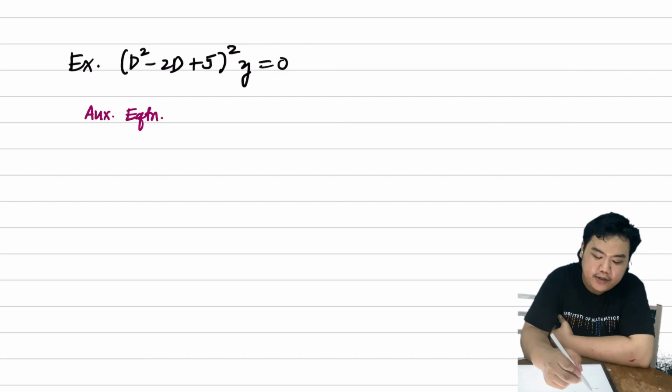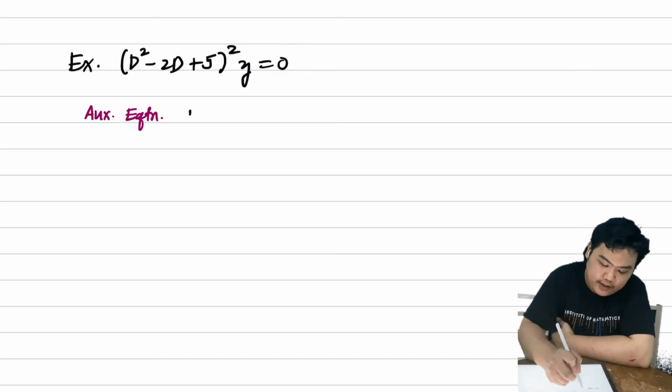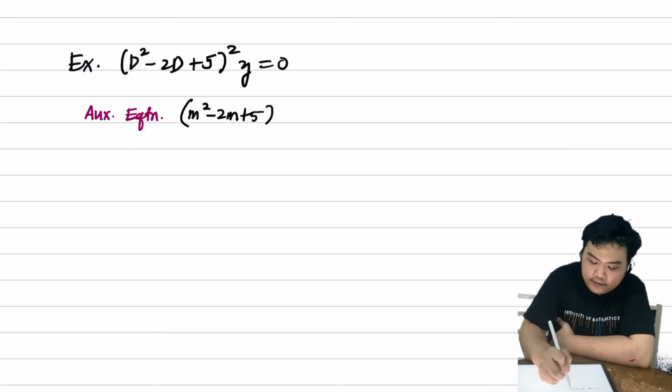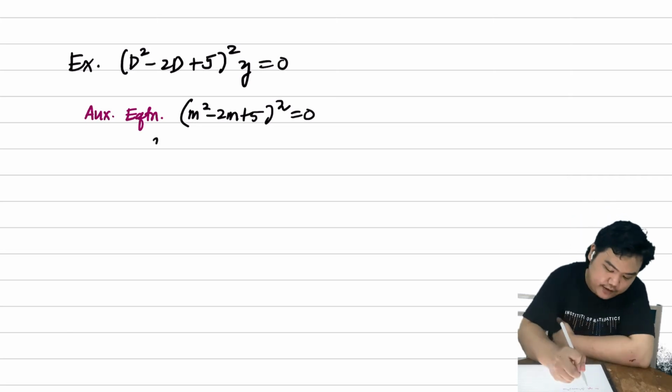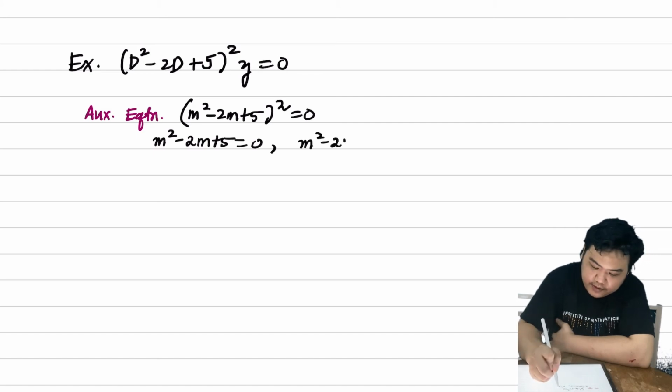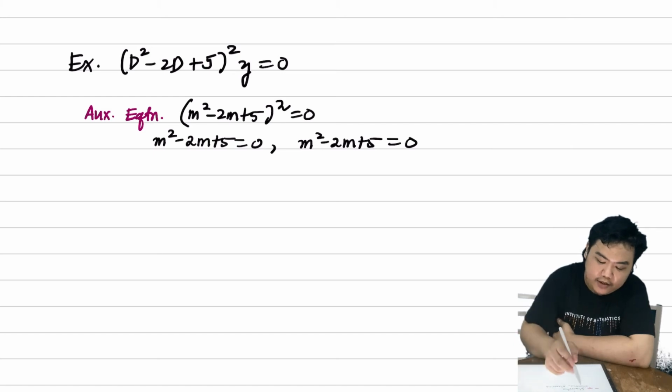Diba auxiliary equation, you just replace D by M. So, we have M squared minus 2M plus 5 square. Okay? And then, equate each factor to 0. M squared minus 2M plus 5 is 0. Kahit isa na lang i-compute mo, tas doblehin mo yung bawat root kasi pareha lang ng lalabas yun doon.